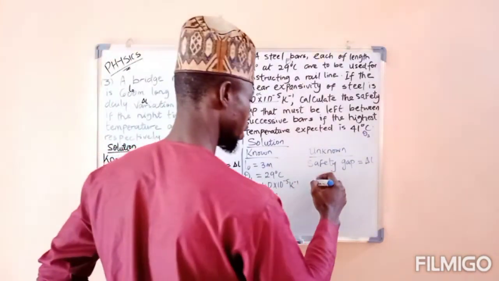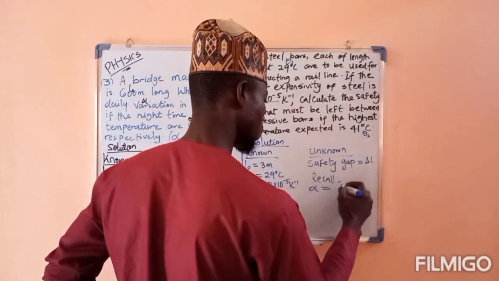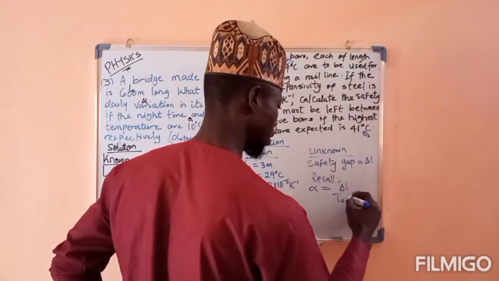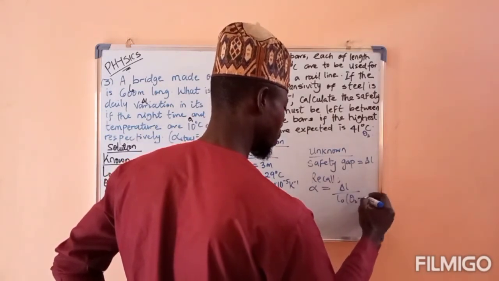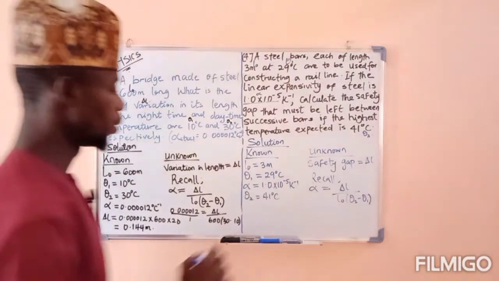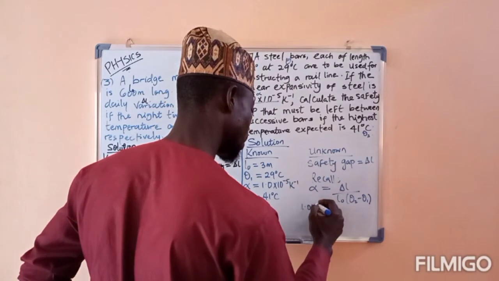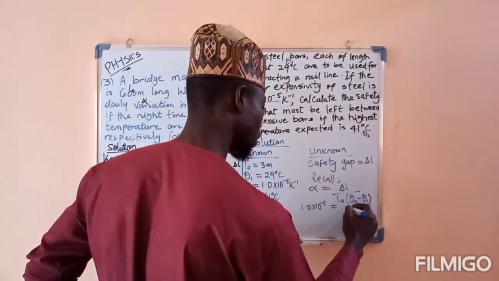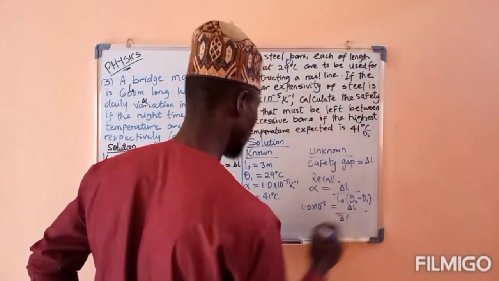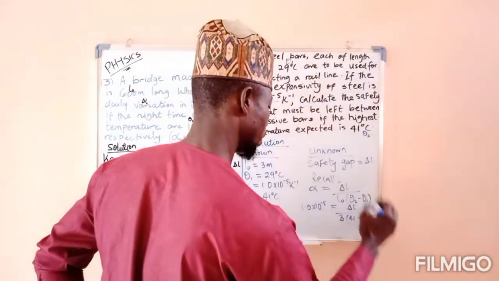So the next thing, recall that alpha is equal to change in length all over original length into theta 2 minus theta 1. So the next thing, input your values. I have 1.0 times 10 raised to power minus 5 is equal to change in length all over original length, which is 3, into 41 minus 29.